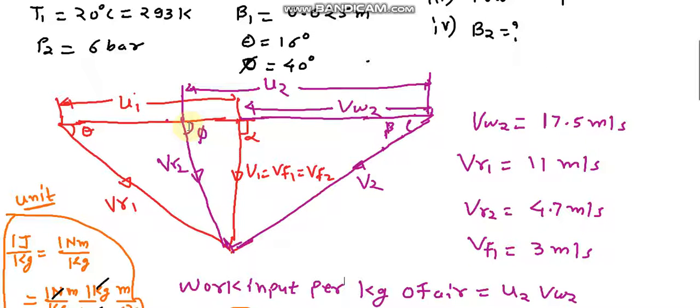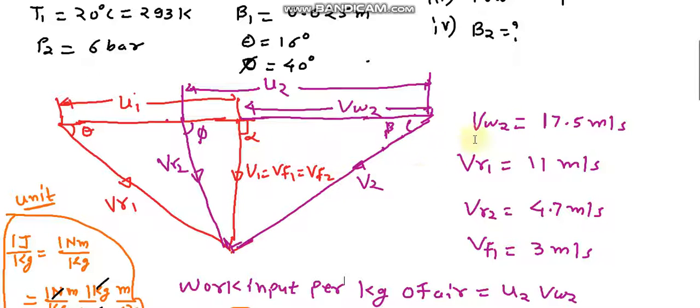You know U2, so from this point to this point is U2. Then join this point and this point, and we get V2. So all these angles, theta, phi, alpha, beta, and this is the complete combined velocity triangle for the centrifugal air compressor.